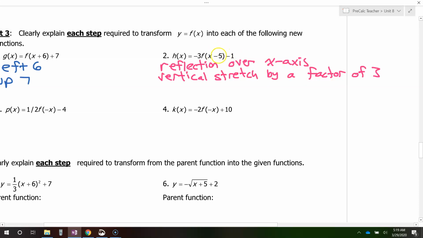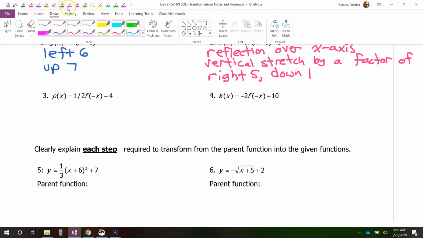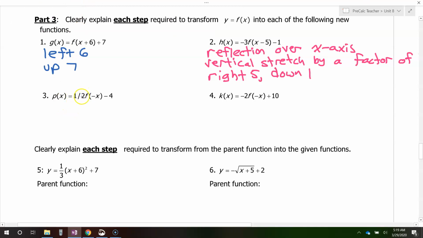Now of course the minus 5 is going to take us to the right 5. And the minus 1 will take us down 1. Now, this a value of 1/2 is going to be a vertical shrink or vertical compression, by a factor of 1/2.